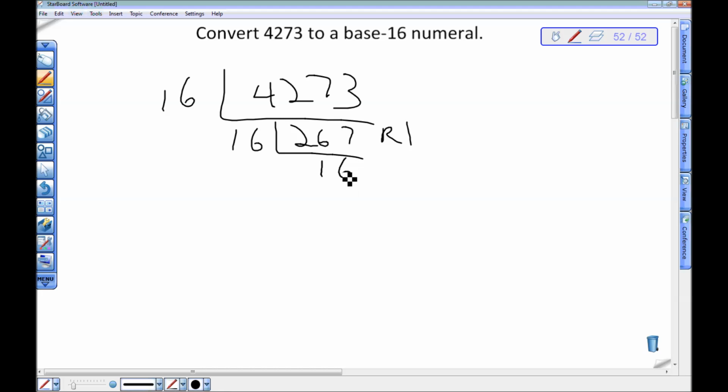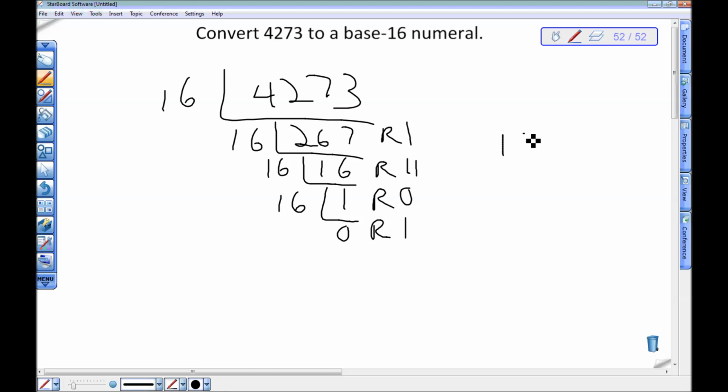That gives me 16 with a remainder of 11. Divide 16 by 16, that gives me 1 with a remainder of 0. Divide 1 by 16, that gives me 0 with a remainder of 1. So this is 1, 0, A is 10, so B is 11, 1, base 16.